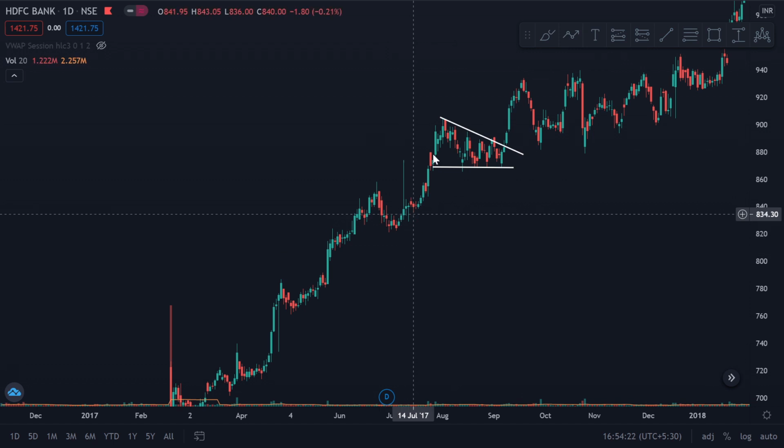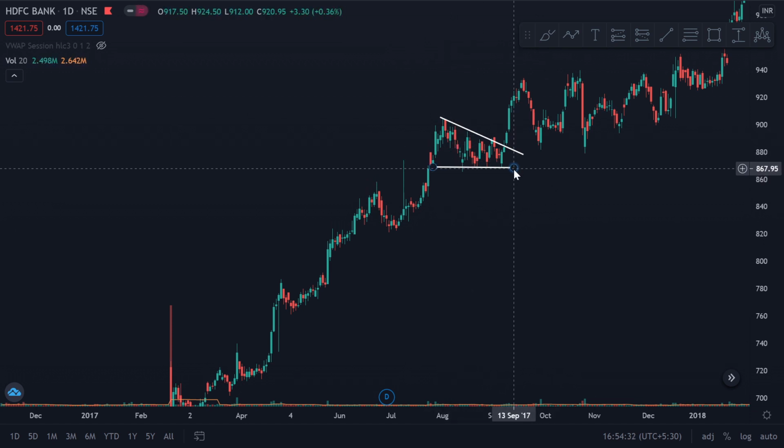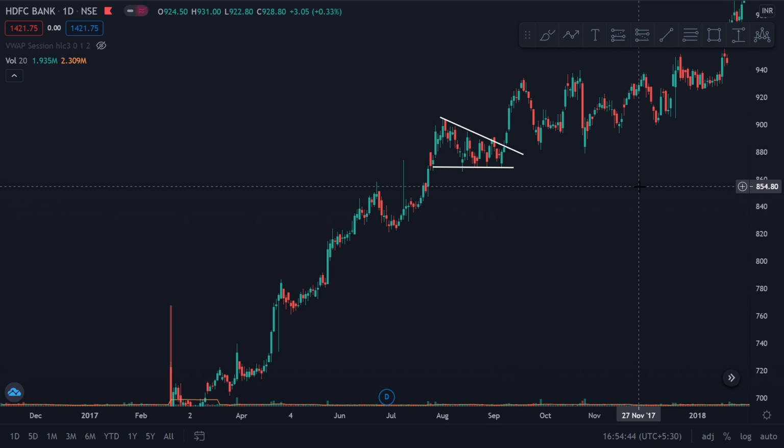Now this is in an uptrend, price has consolidated and formed somewhat of a descending triangle-ish pattern, but then if you go by the textbook definition, a descending triangle should break down on the lower side, right? But then it has broken on the upper side. So do not go by the exact patterns and how they are. Adjust, be flexible, see how price moves and then make your action.